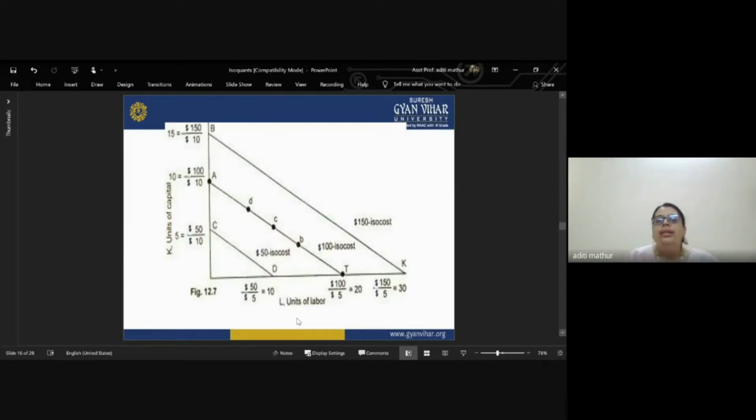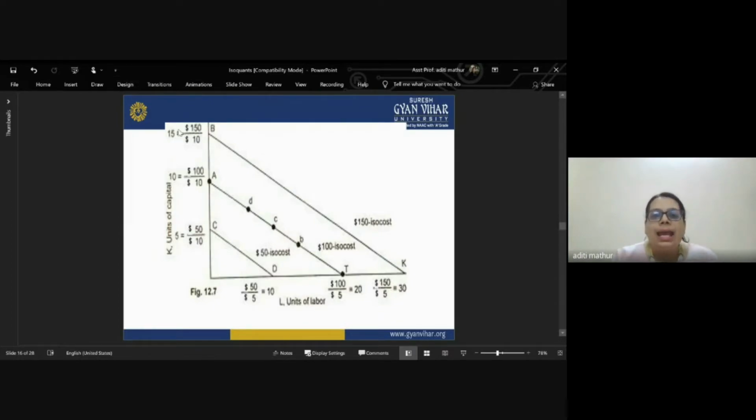This shows the different ratios of combinations of the cost related to labor and capital at which we are coming up to the same total cost.